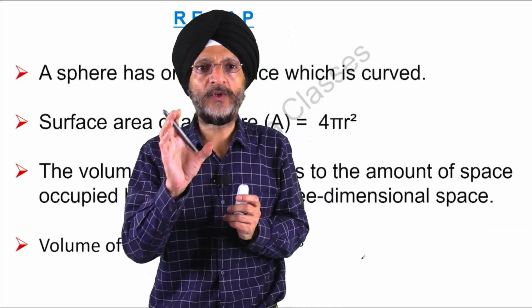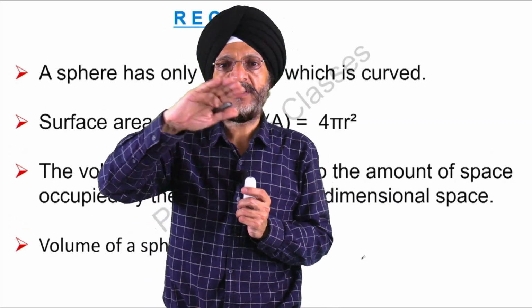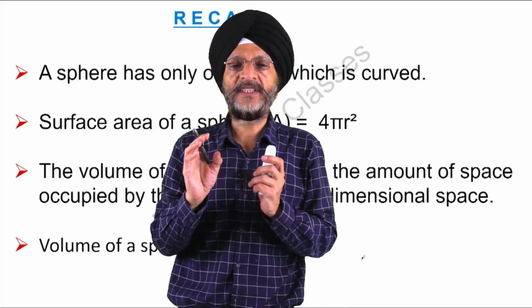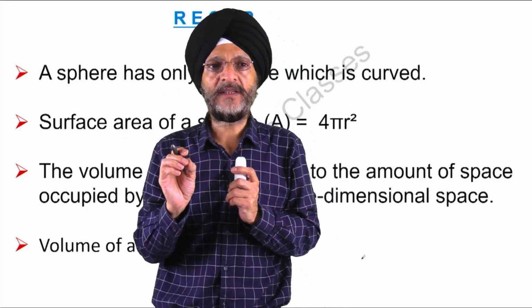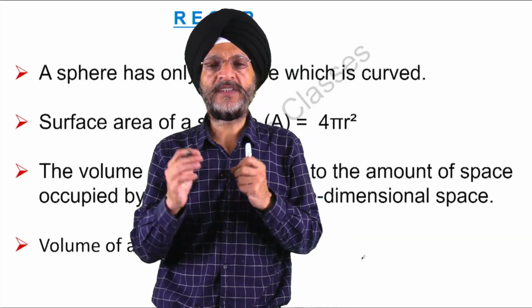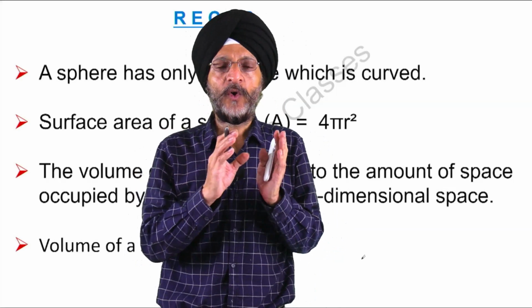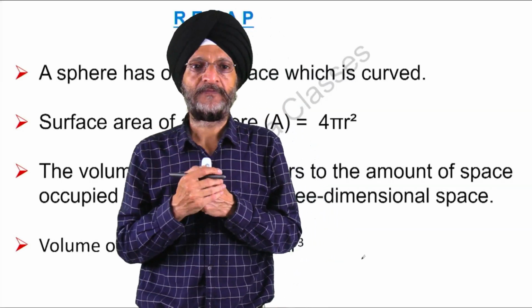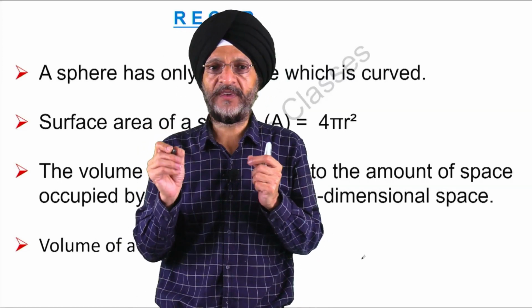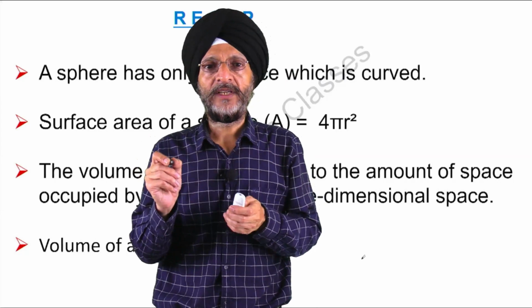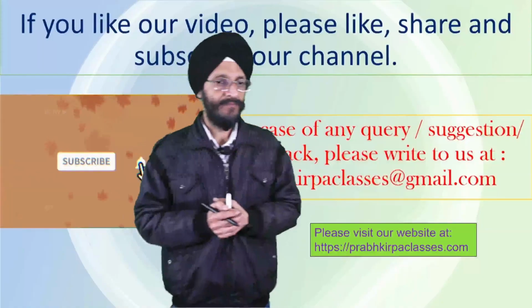A sphere has only one face, which is curved. Surface area of the sphere is equal to 4 pi r square, and volume of the sphere refers to the amount of space occupied by the sphere in three-dimensional space, and it is calculated by the formula 4 over 3 pi r cube.